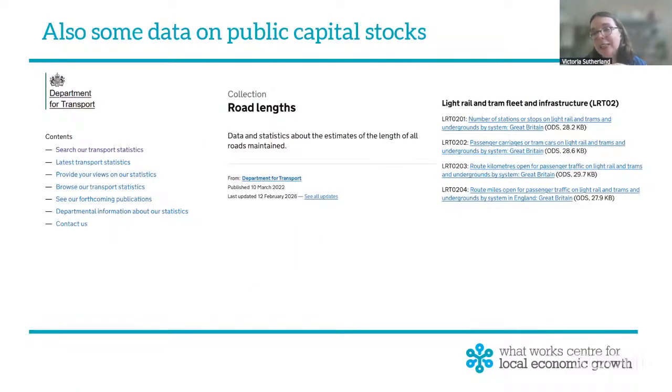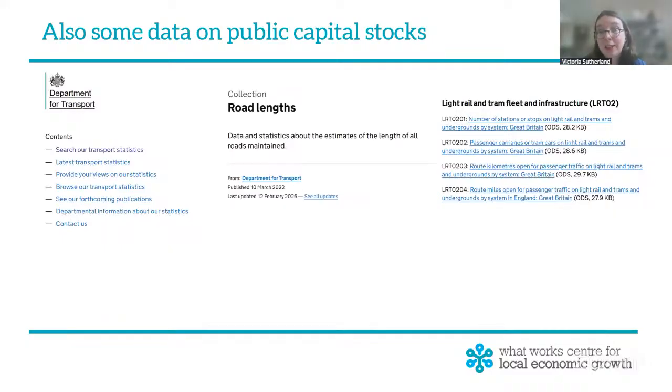We also get some data on the actual capital stocks. The investment is the flow, which is what we're doing to add to the capital stocks. The capital stocks are what we've already got. You can do this for some other departments as well. For DESNZ, you can look at Ofcom data on broadband infrastructure. But I've put up some examples from the Department for Transport.